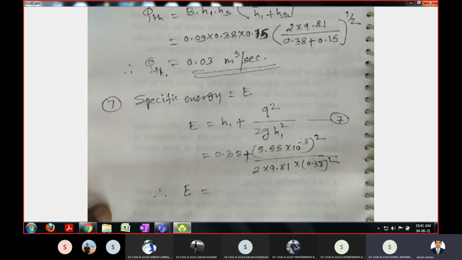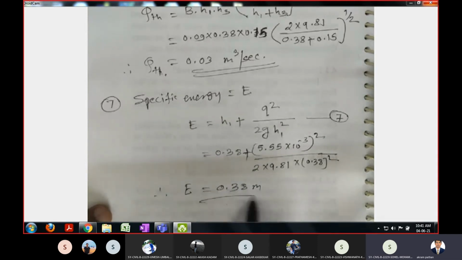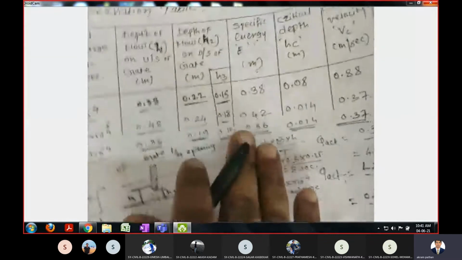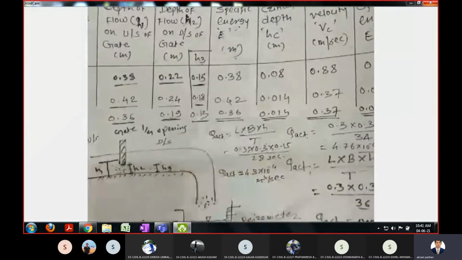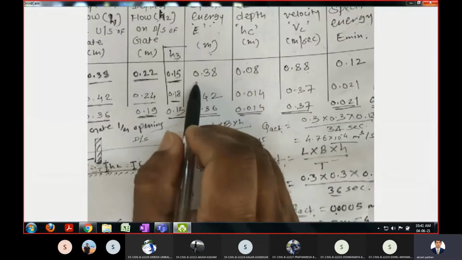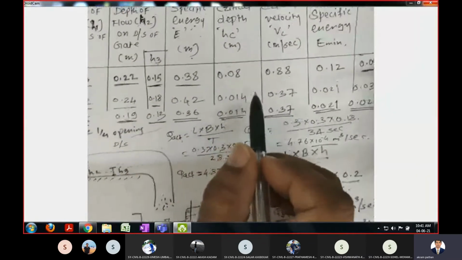Zero point 38. Okay, 0.38 meter. Now, once we have these 7 parameters, then we have to input them in the observation table. So this is 0.38. We have calculated the specific energy.